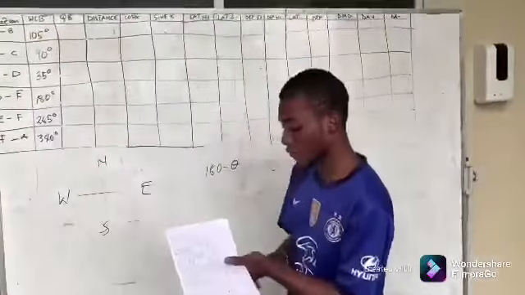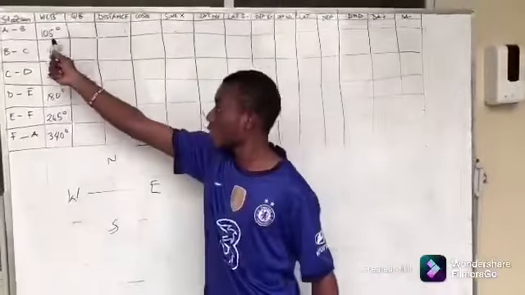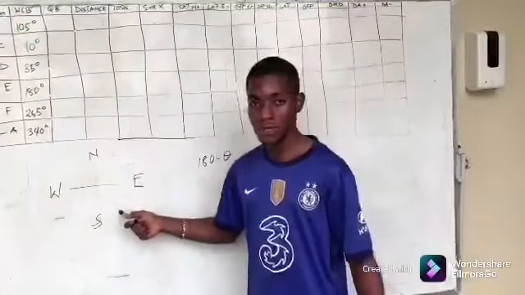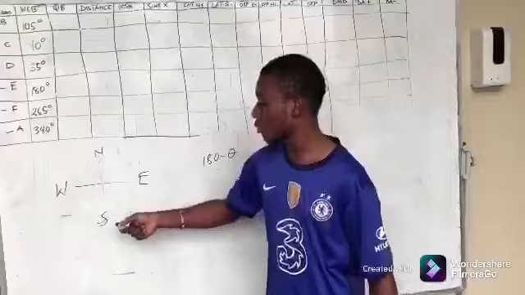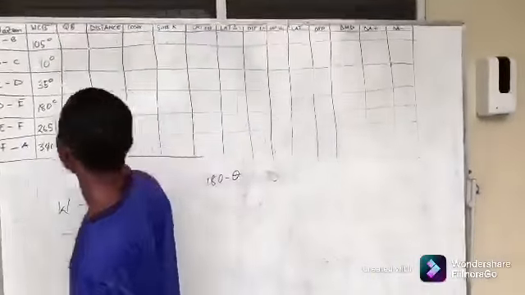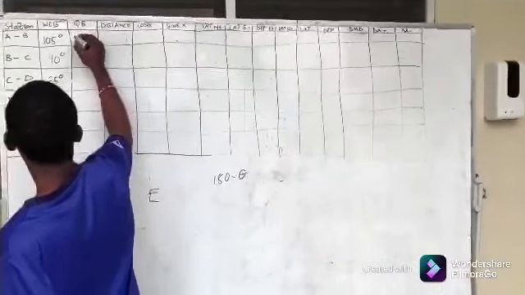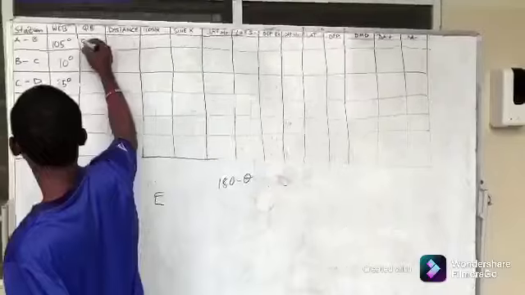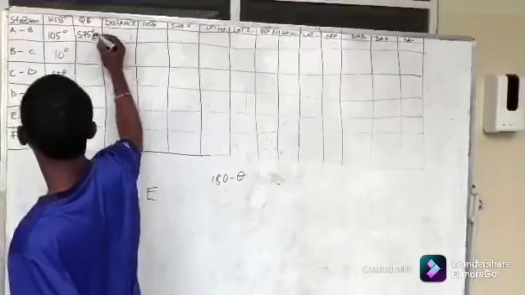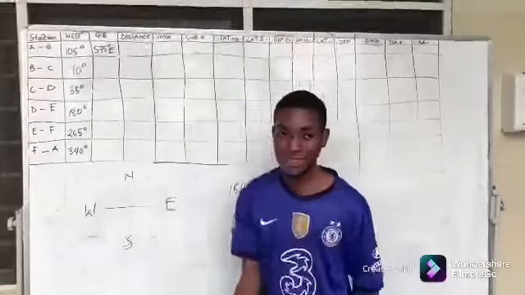The bearing that we took, 105, was at the second quadrant. And the second quadrant is southeast. That is the position. So you show the direction: it's south 75 degrees east. So that's how you're going to do it with the others.